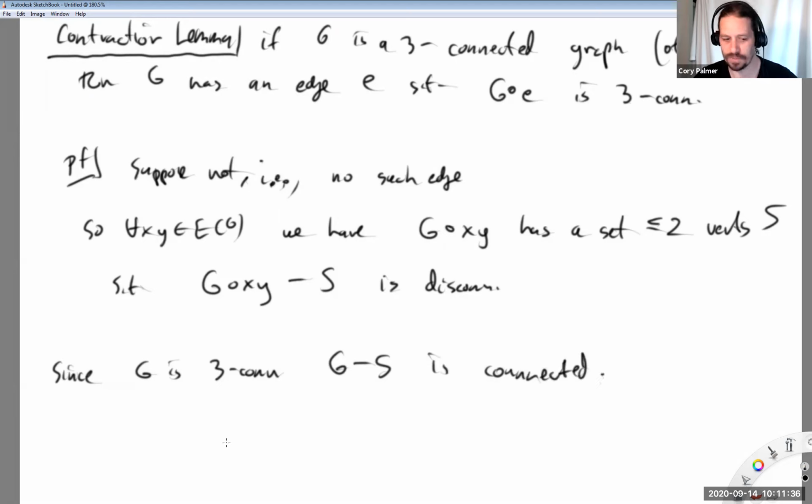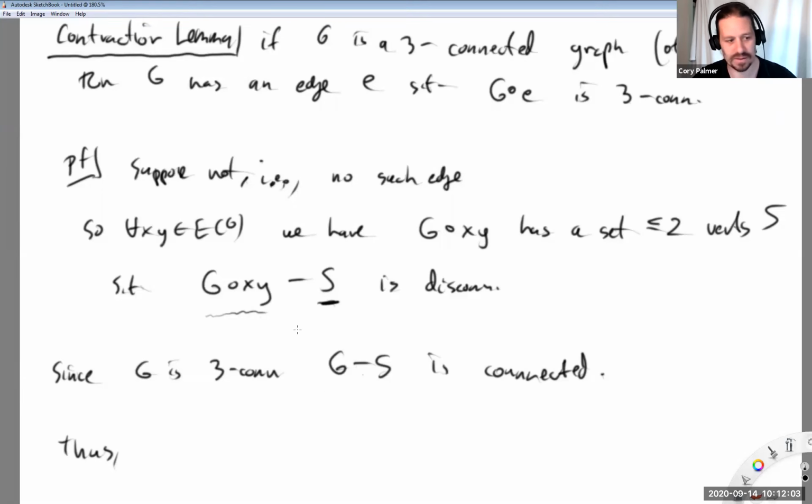So S doesn't disconnect G, but S somehow disconnects this graph here. So this tells you something about this set S. This set S is potentially 2 vertices that live in G, and they disconnect things in G contract XY.